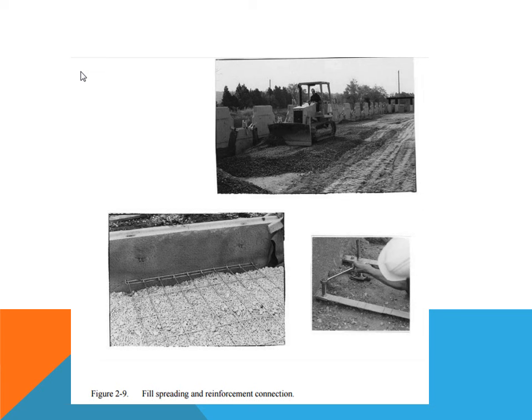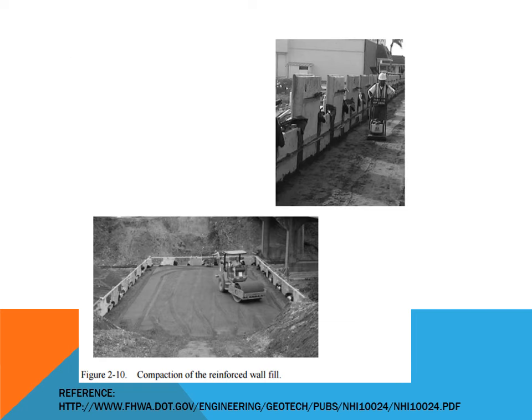It's either using the wire mesh type or the strip type. Right, then you just repeat the process of construction to the higher level. Then once you have reached the final level, you can install the road surface, the pavement, on top of the retaining wall.